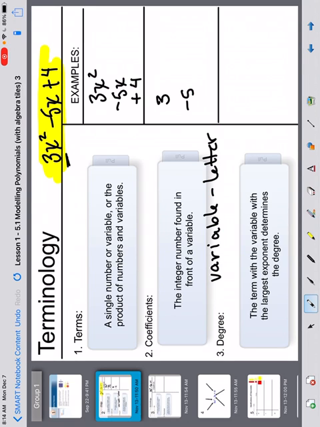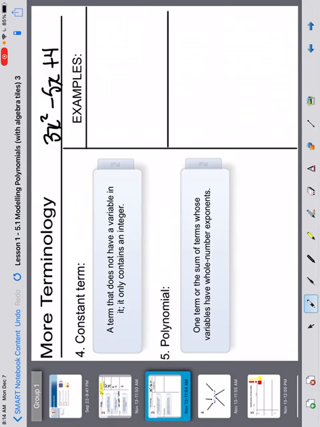In this case, we only have one exponent, in 3x², so the degree would be 2. The constant term, using our example again, is the one with no variable, so over here we have +4.